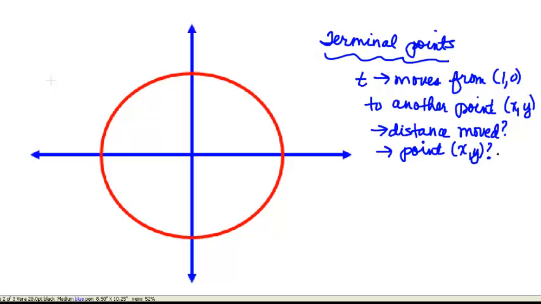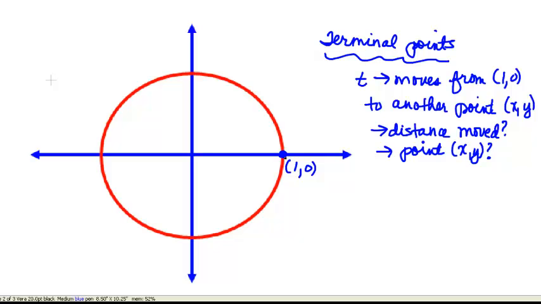Okay. So if we think of a point beginning at 1, 0, and this point moves, and we travel all the way around the unit circle.